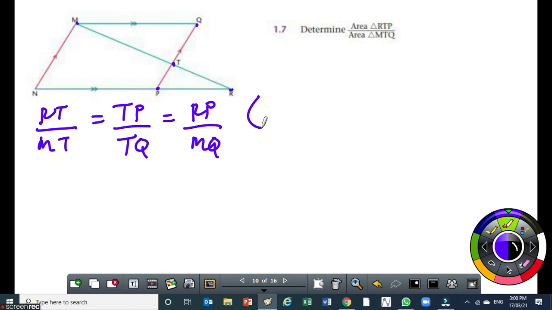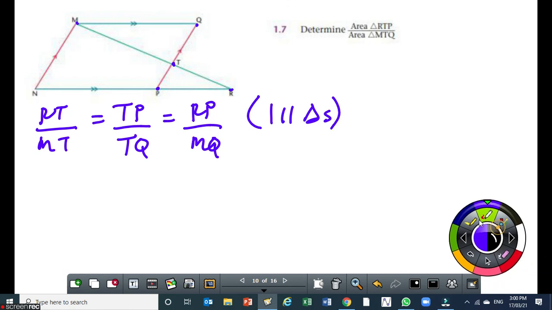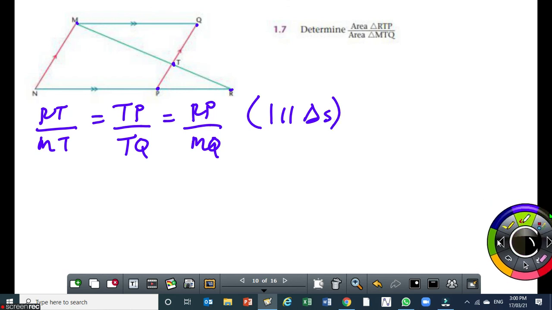Why is this true? It's based on similar triangles. Because already I proved that those two triangles are similar. Then from there, now I have to look at whether I have any of the lengths that are in this ratio. Do I know the length?